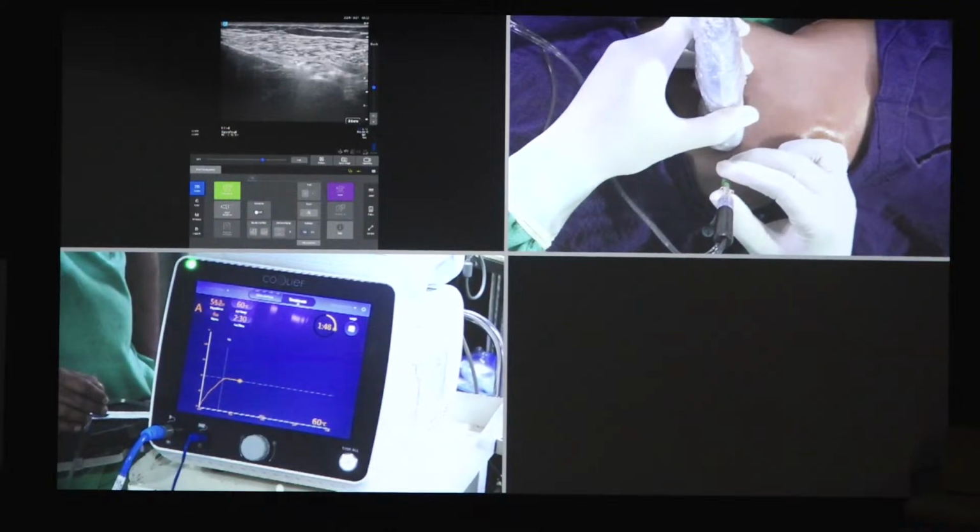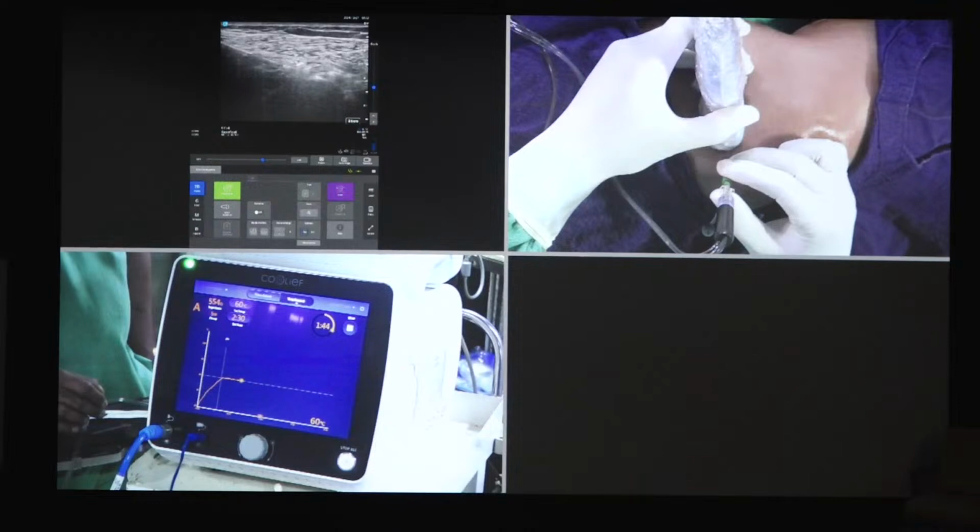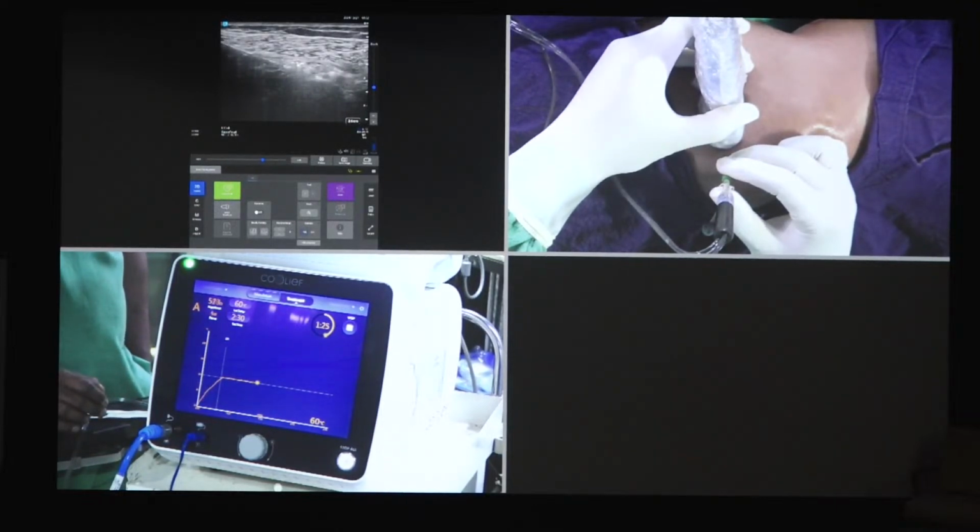So this is cool RF where the temperature is around 60 degrees for 2.5 minutes. So the needle usually goes through the vastus medialis muscle, which is okay, but we should avoid going through the quadriceps tendon, which is going to be more painful.